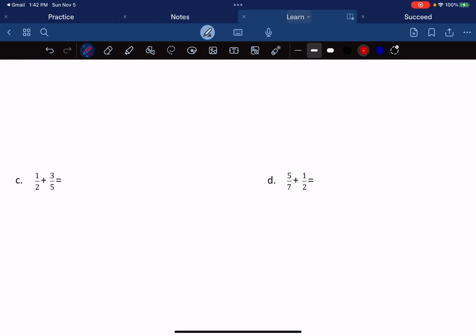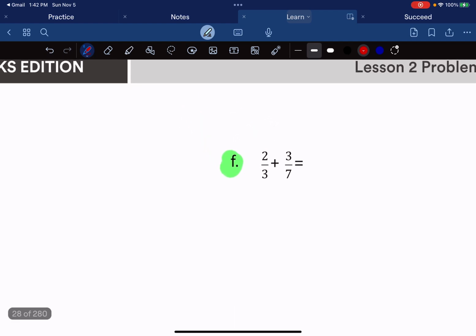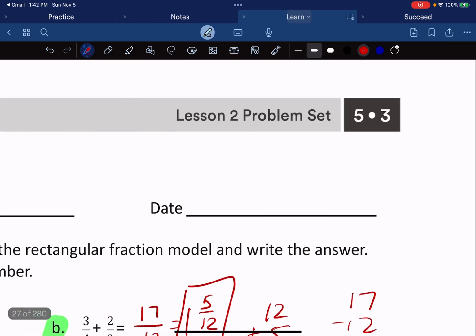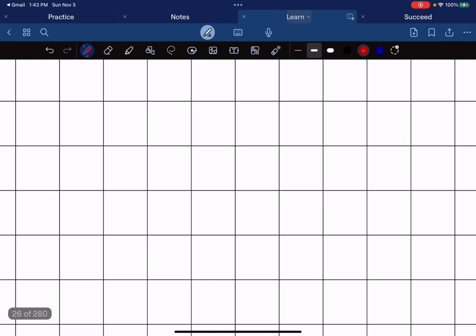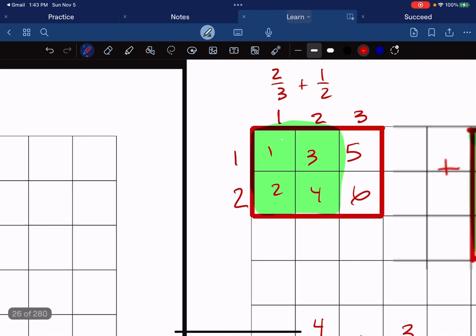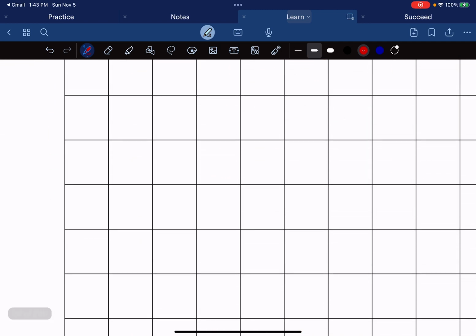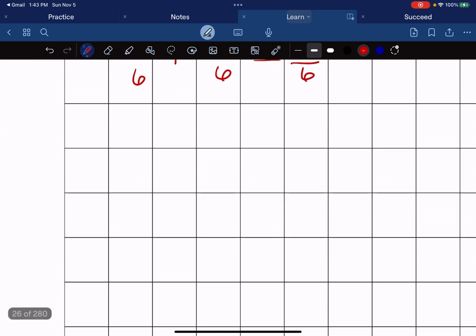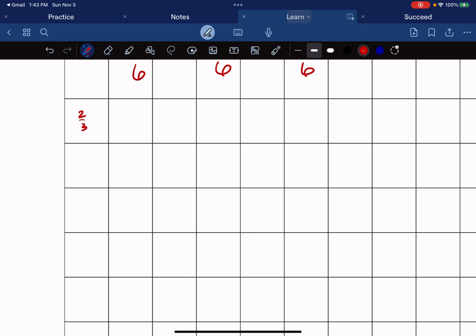All right. Let's look at another one. I'm going to do F, which is 2/3 plus 3/7. Let's go to that graphing paper. So 2/3 plus 3/7. Let me write that down. For my 2/3, my denominator is a 3, so I'm going to go 1, 2, 3 across.